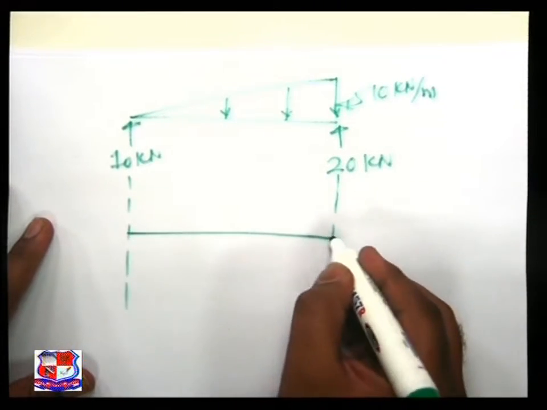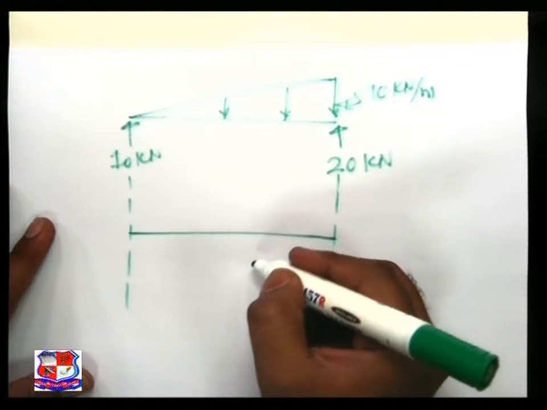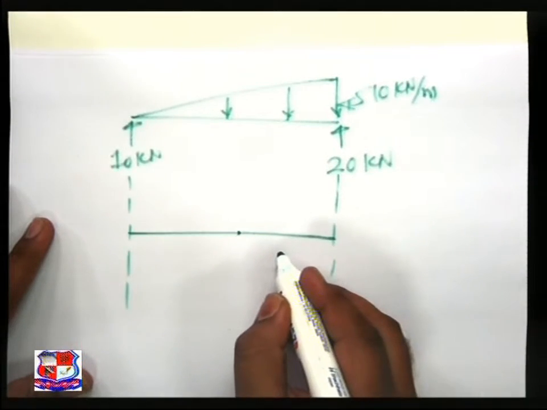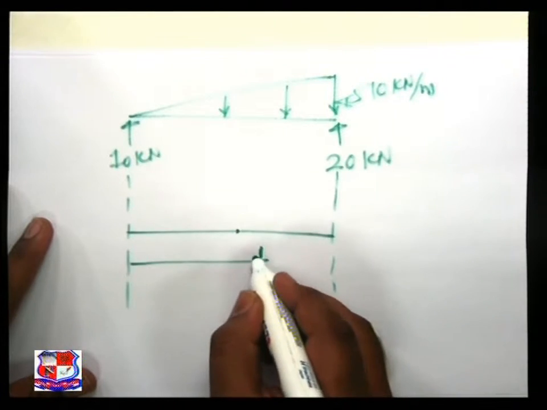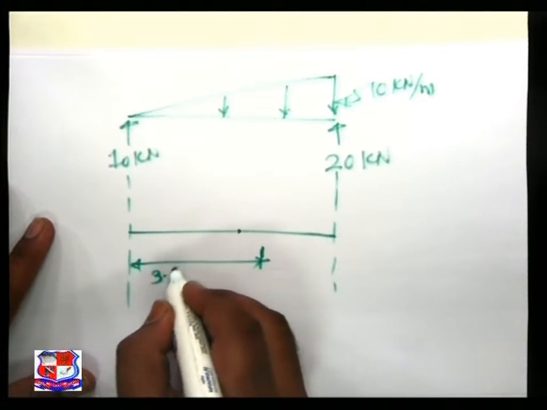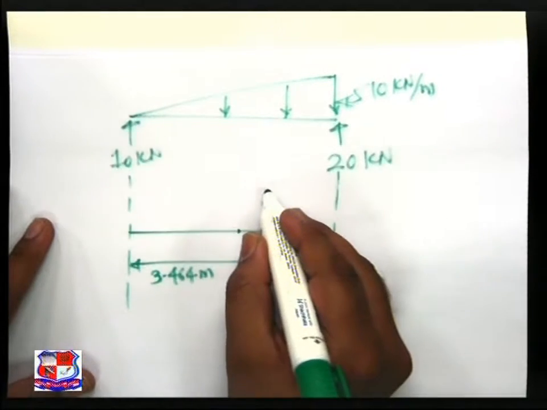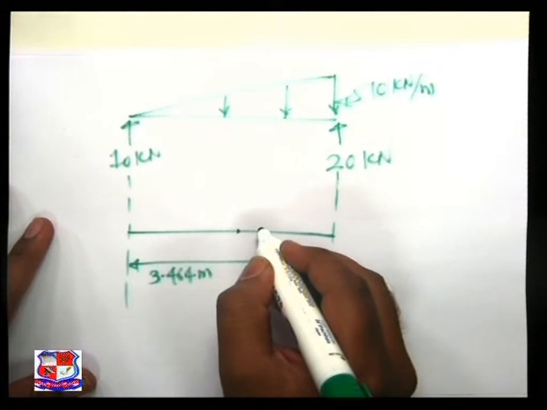Baseline: all the positive values above the baseline, negative values below the baseline. Also we know the distance, that is 3.464 meter. At this point we have the ordinate of bending moment of maximum value.